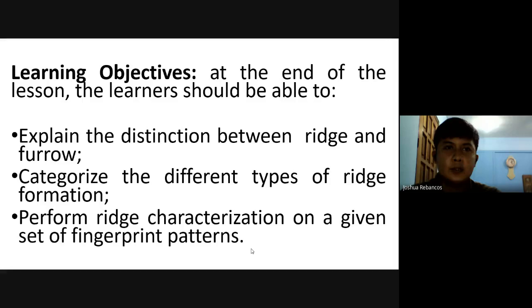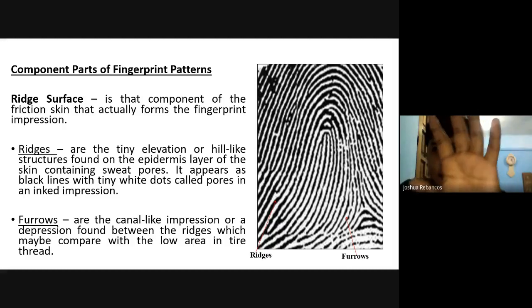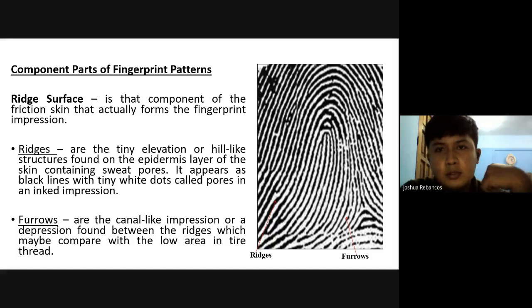So we have the component parts of the fingerprint pattern. We have the ridge surface, which is the component of the friction skin that actually forms the fingerprint impression. Itong friction skin natin ay matatagpuan dito sa palm natin and on the soles of our feet.